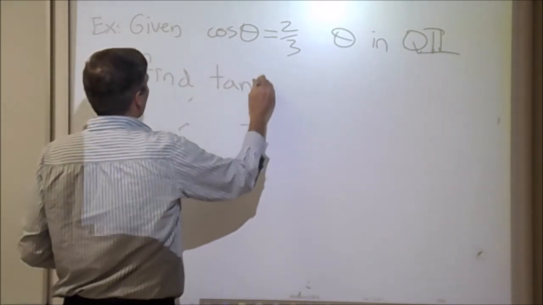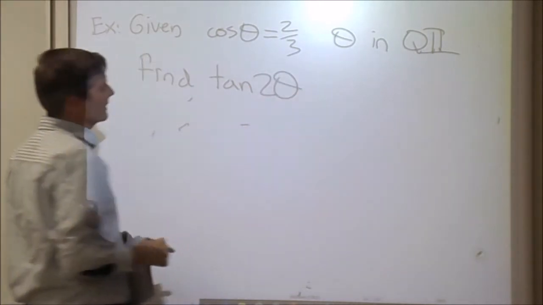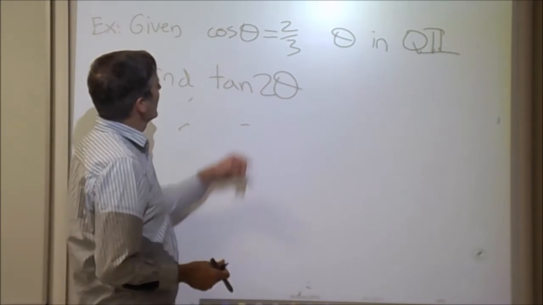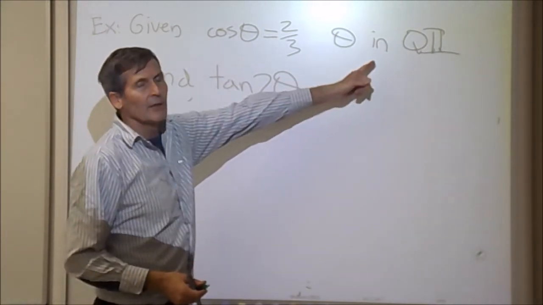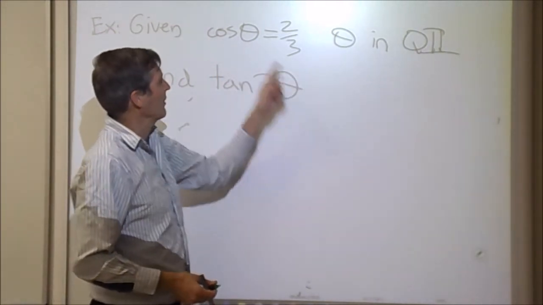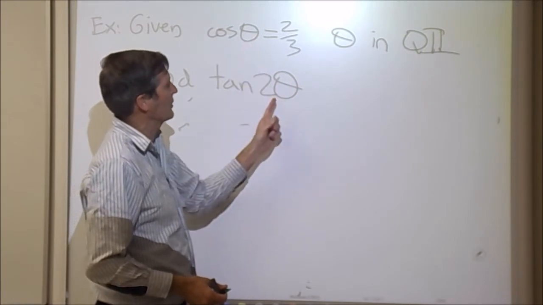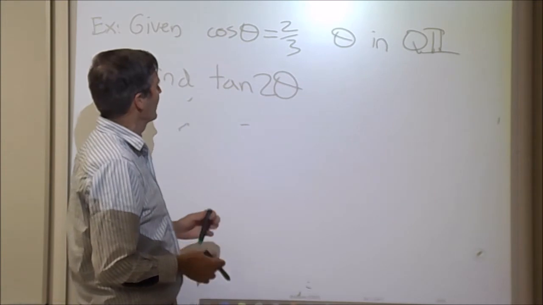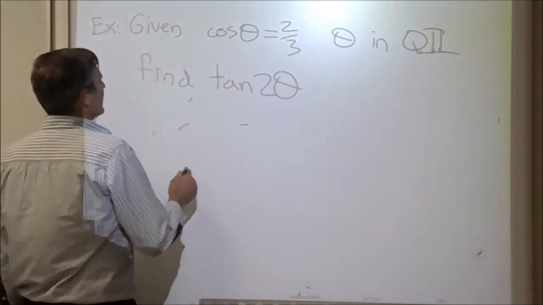How can I find tangent of 2 theta given the cosine of theta? Well, remember, if you know one trig function in a quadrant, you know all 6 trig functions. So I can use this one to find tangent in particular, and then the tangent of 2 theta formula will allow me to evaluate the tangent of 2 theta. So here's what we do.